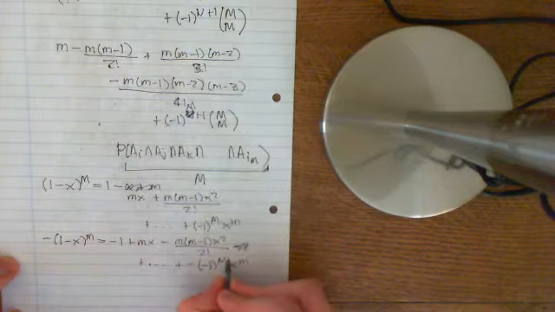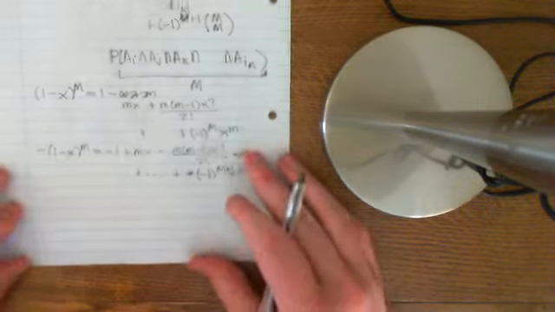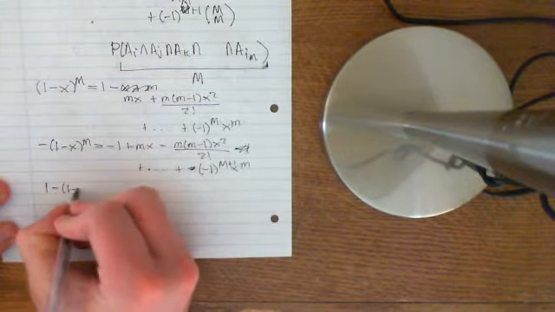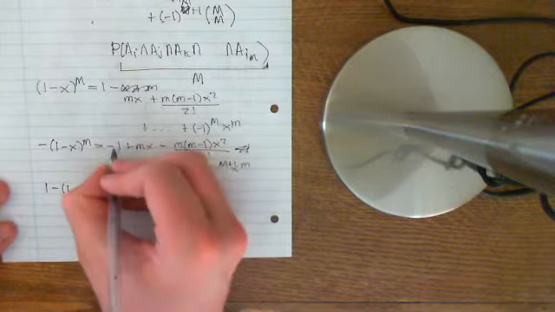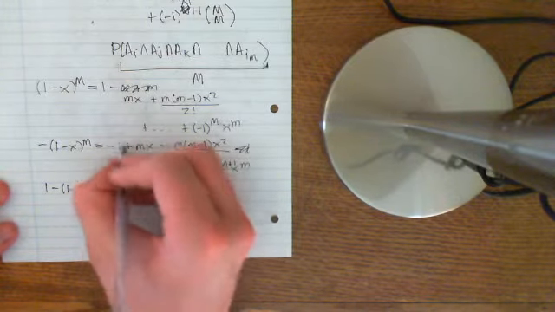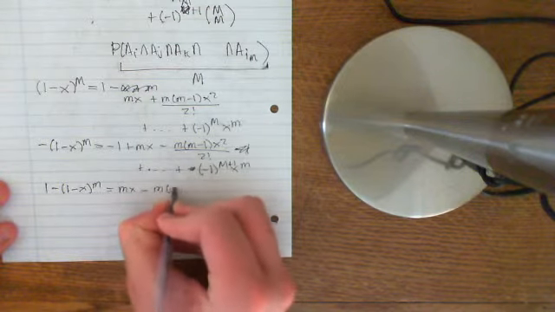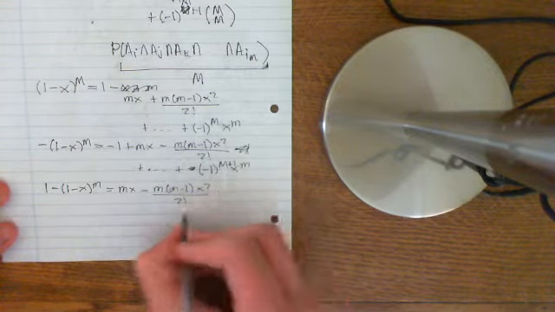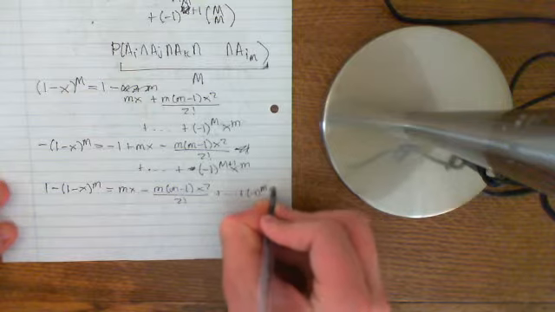So we could write that as m plus 1 there. Okay, and then if we just move this paper up, now consider 1 minus x to the m, and we get that that is mx, so basically you add the 1 and that cancels and you get 0. mx minus m minus 1 x squared over 2 factorial, all the way up to plus dot dot dot plus minus 1 to the m plus 1 x to the m.